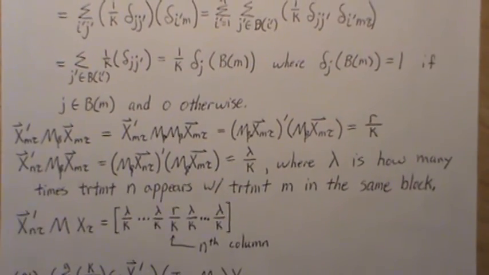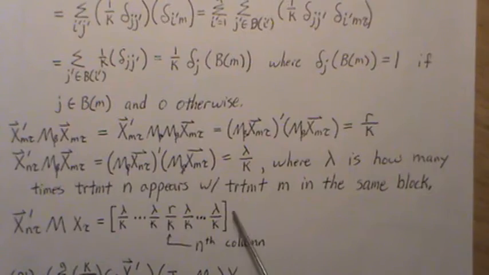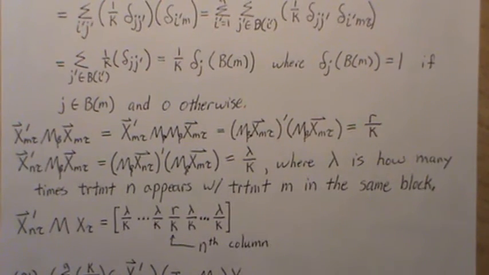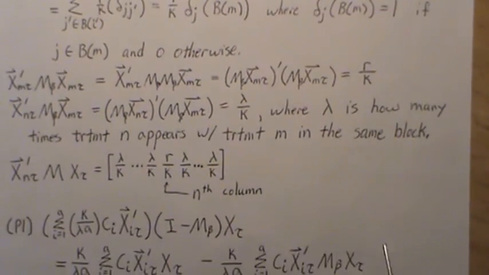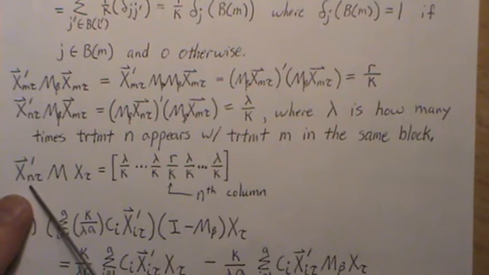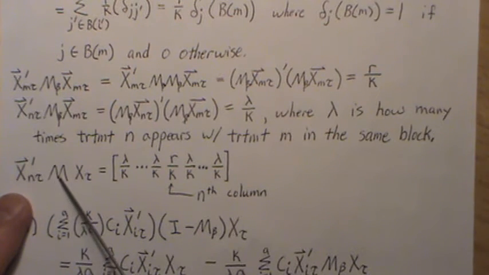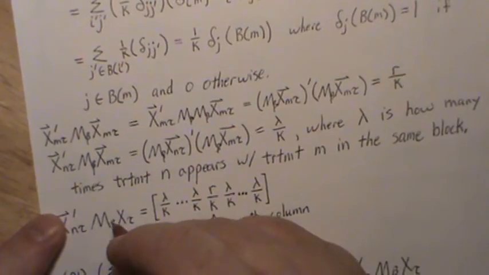And we called that number lambda. So where lambda is how many times n appears with treatment m in the same block. And so that's how we get lambda k.